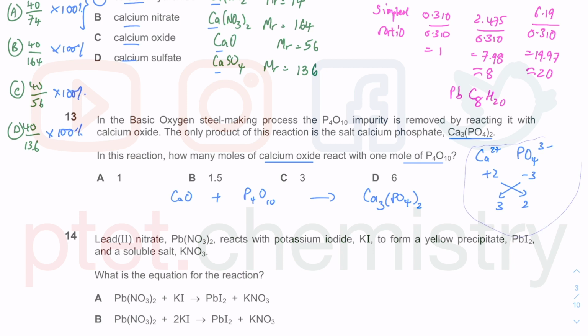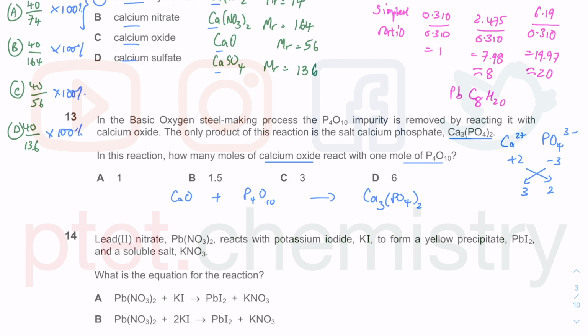That actually is the basis of this cross multiply method, the crisscross method. It means 3 of these, therefore +2 and +2 will give you +6 total for the positive charge. Minus 3, you need 2 of these, -3 and -3 give you -6 total for this negative charge. Ionic compound, covalent compound, all compounds have no charge at all. In addition to this calcium phosphate, you don't produce any other thing. This is the only thing you produce.